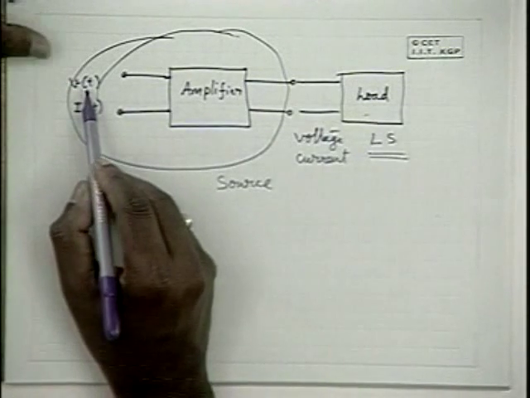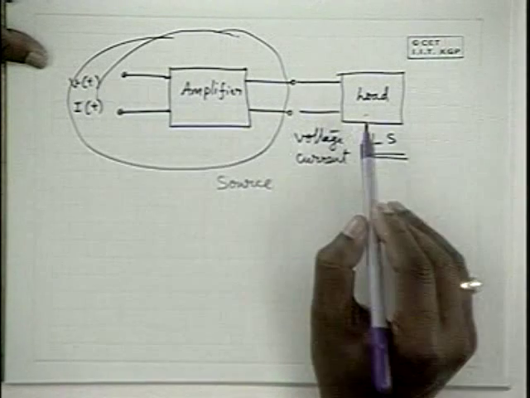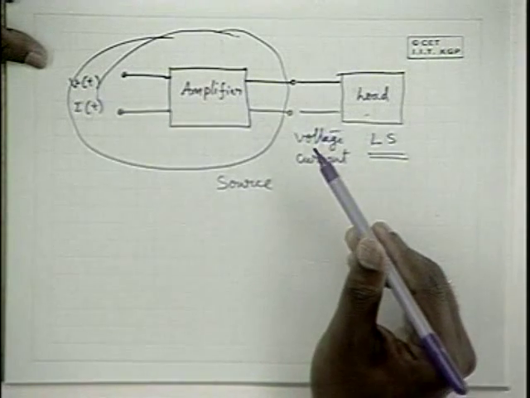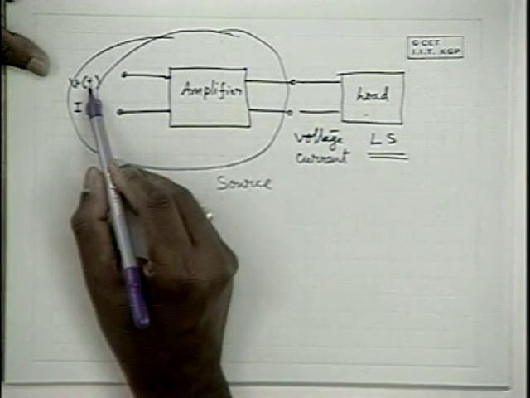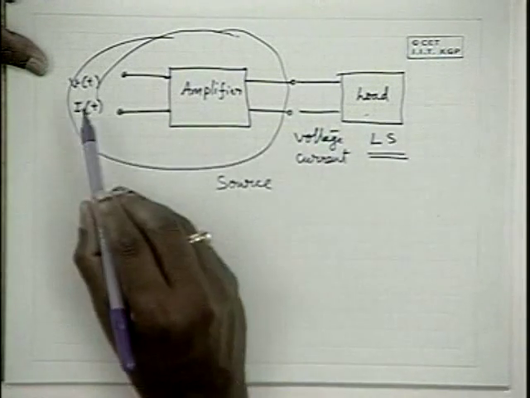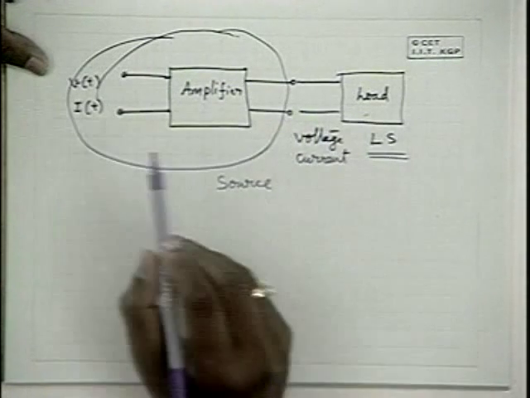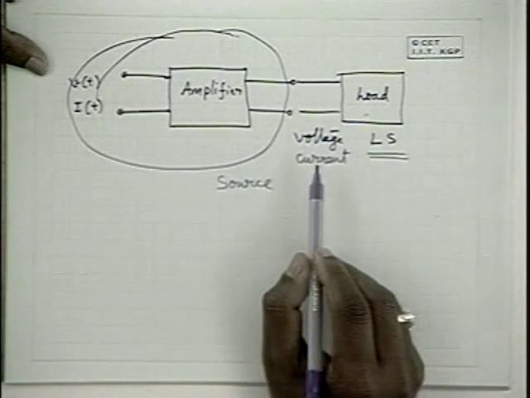Sometimes the input signal may be voltage and the output signal may be voltage, in which case the amplifier is known as a voltage amplifier. And if the input signal is a voltage and the output signal is a current, the amplifier is known as a transconductance amplifier, because input is voltage and output is current.